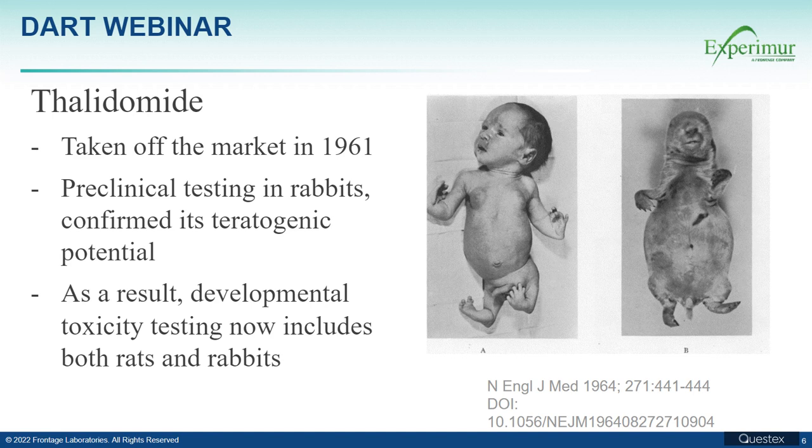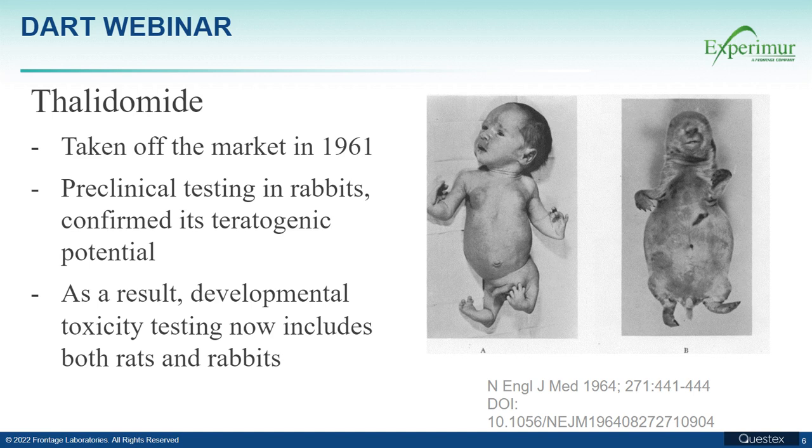And as a result, this spurred the FDA to assemble a committee of scientists to develop guidelines to assess the hazard potential of new therapeutic agents for developmental toxicity, especially if the intent is to go into women of childbearing potential.